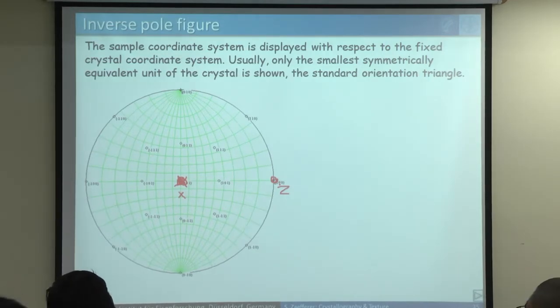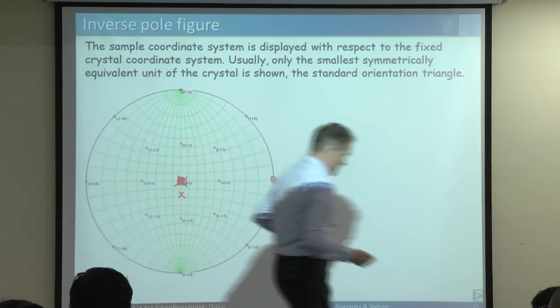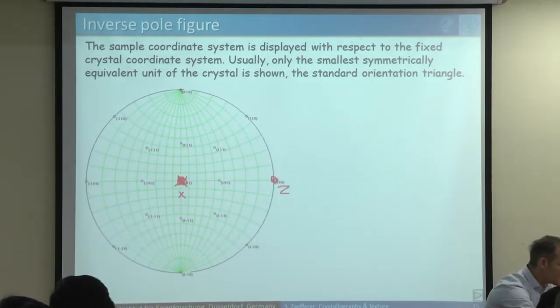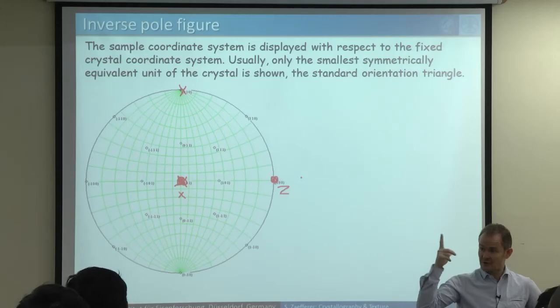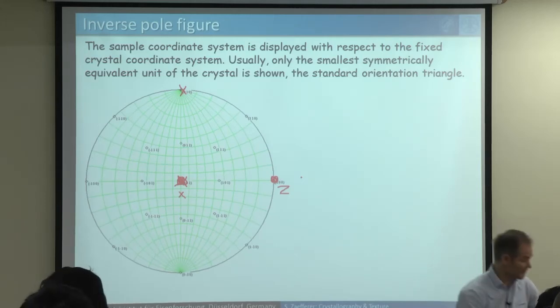I will make another orientation which is (010)[001] as well. Okay, let's plot that one. This would be here and here. So I could plot these two poles for the crystal coordinate system, for the sample coordinate system.